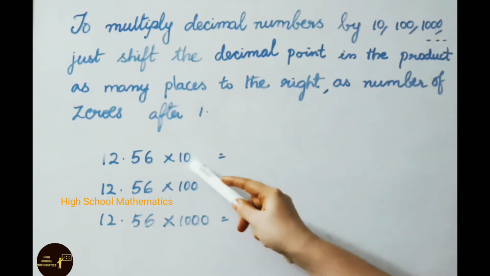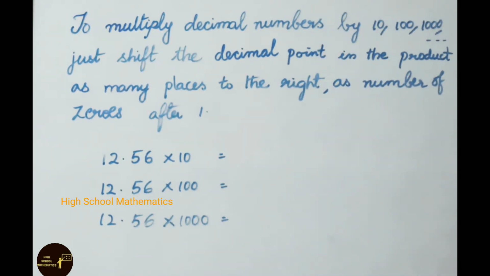See here, 1 0 is there means we have to shift the decimal point 1 digit right side. If we are multiplying by 100, that means it will contain 2 zeros. So in our product we have to shift the decimal point to the right side 2 places. We are multiplying by 1000, after 1, 3 zeros were present. So in our product 3 decimals we have to move towards the right side.